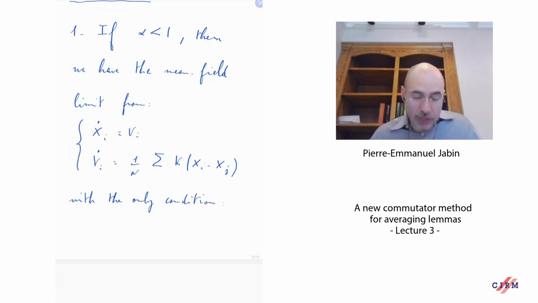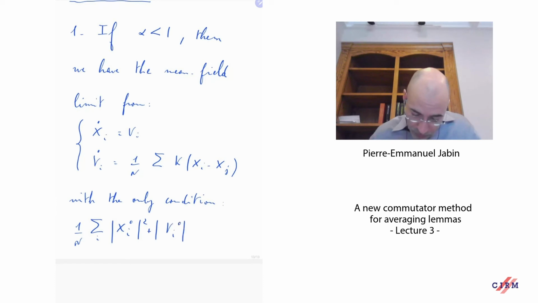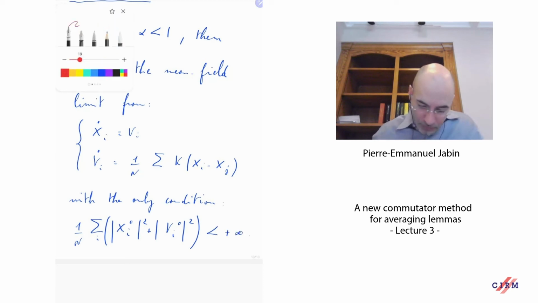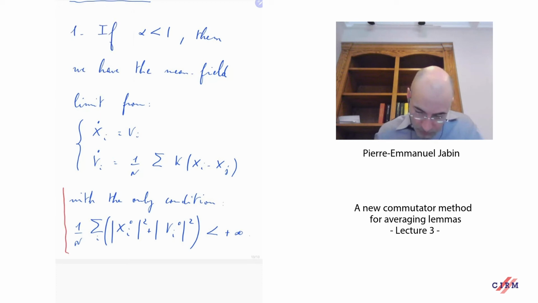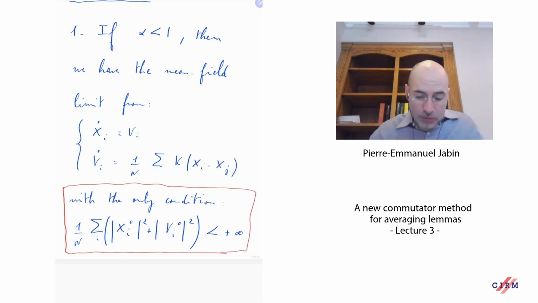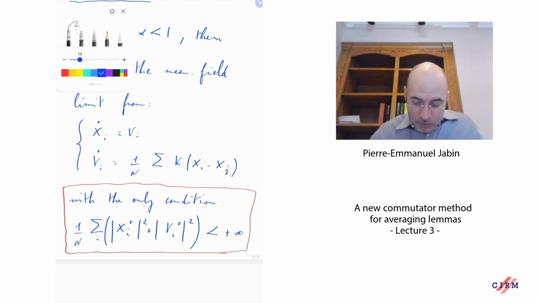The only condition we have is that the initial data has bounded second moments in velocity and position, and you could even get rid of the moment in position. That would actually follow from the moment in velocity. So this is already a lot of fun because this recovers the previous result that we had with Fourier.